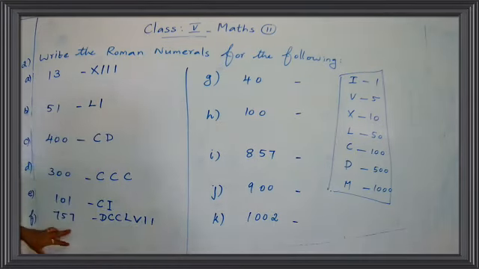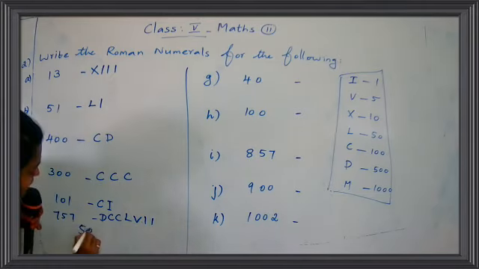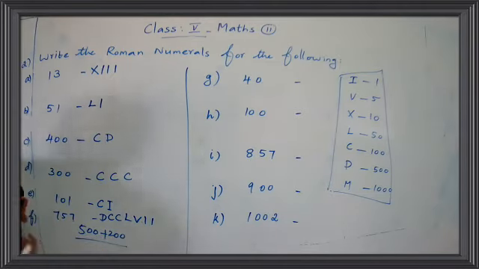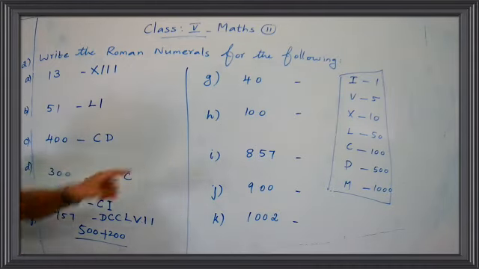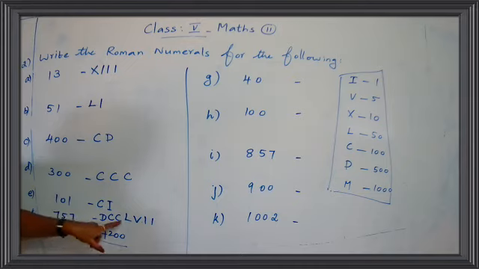757, okay, here 757 can be written as 700 plus 50 plus 7. 700 has no Roman numeral, so again you split 700 as 500 plus 200. 500 can be written as D. 2 times 100 is 200, so DCC.